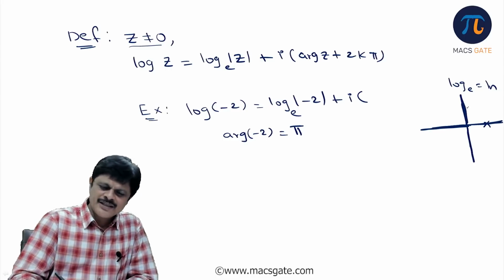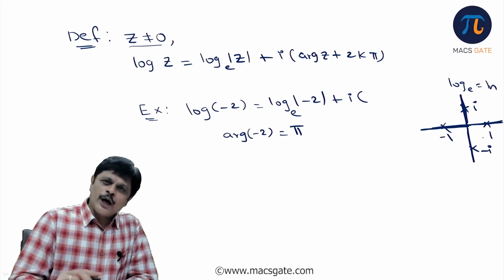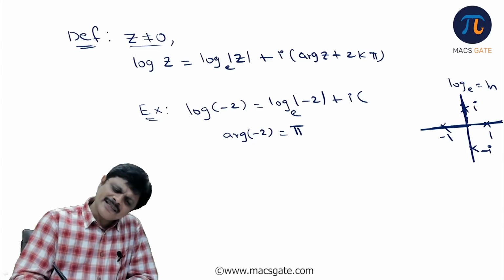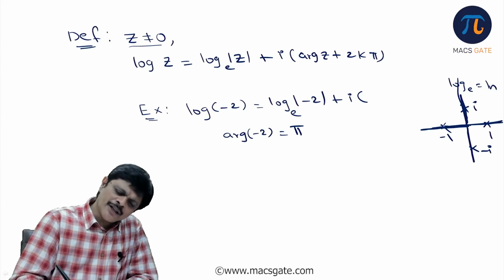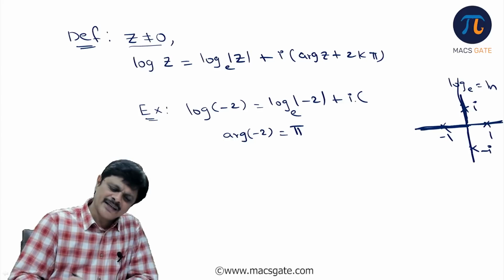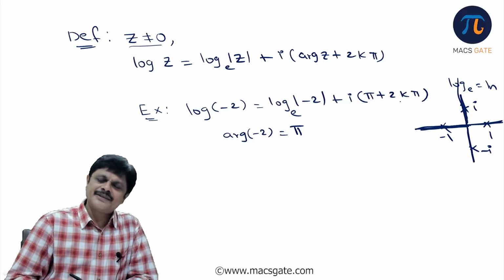Standard fellows. I told you, standard 4 standard fellows: minus 1 and minus I. This is common not only for this, any fellow on this positive imaginary axis will have argument pi by 2 only, and any fellow on this negative real axis will have argument pi only. So I times pi plus 2k pi. So that is the idea.